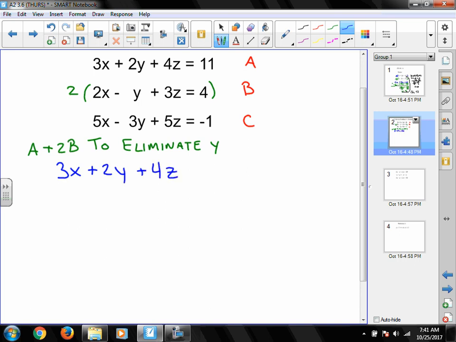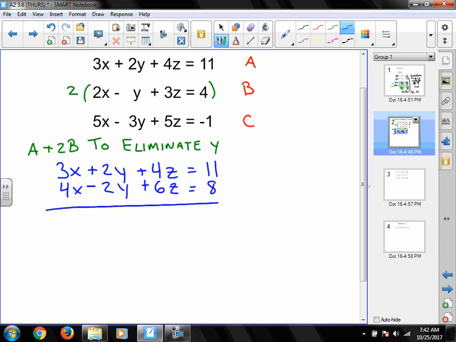Just a side note, I cross my z's so I don't get them mixed up with 2's. And that's going to be still equal to 11. Again, I distribute this 2 in equation B to everything, so I'm going to end up with 4x minus 2y plus 6z is going to be equal to 8.